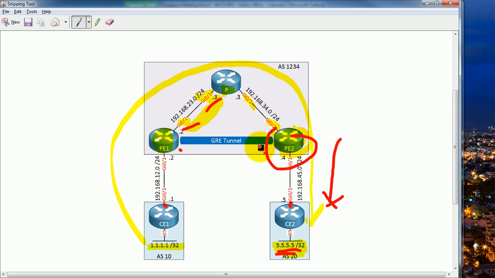We will show the label difference, and in this case it is 16, and 16 has the prefix 2.2.2.2, and it forwards to GigabitEthernet 0/2, and the next hop IP points to it.